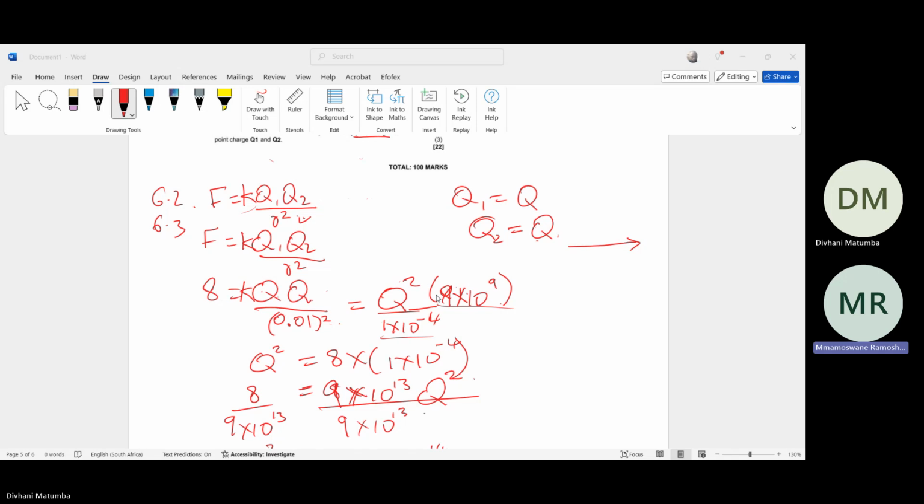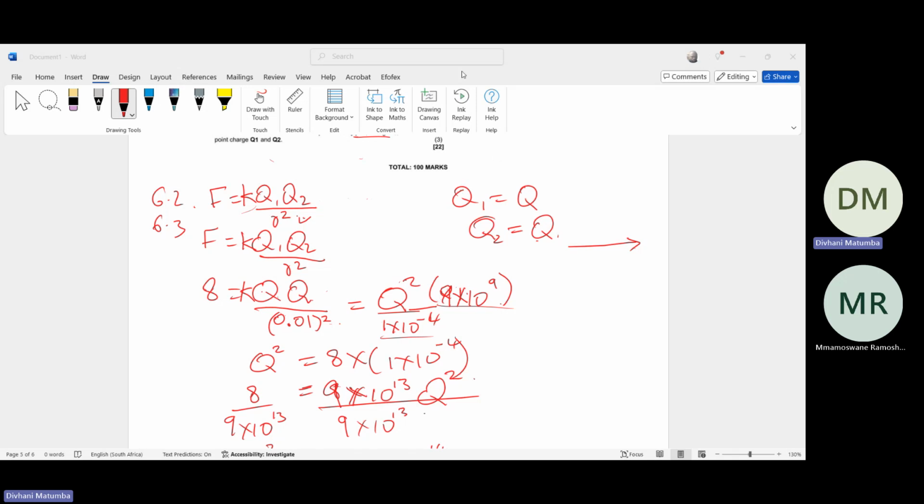Newton's gravitational law states that each particle in the universe attracts every other particle with a gravitational force that is directly proportional to the product of the masses and inversely proportional to the squared distance between their centers. Yes, perfect.